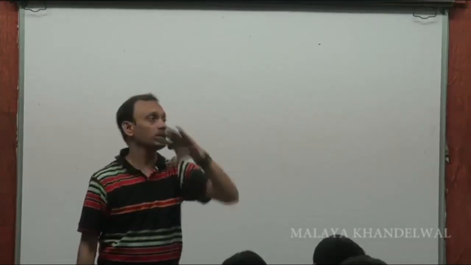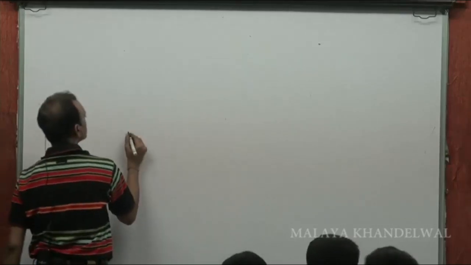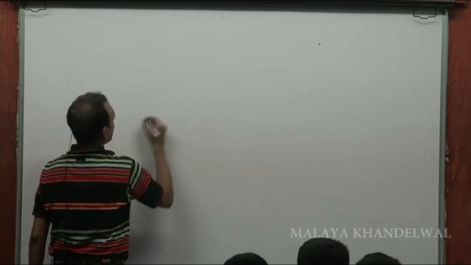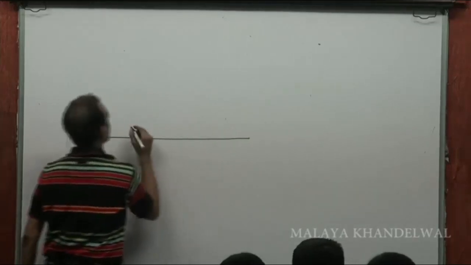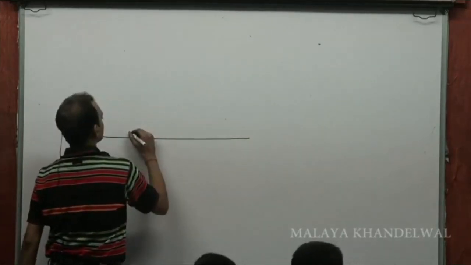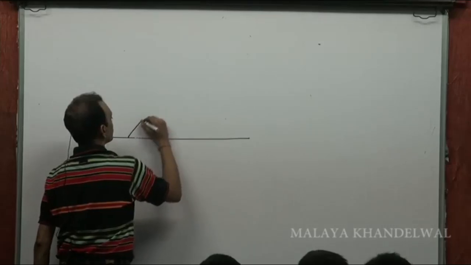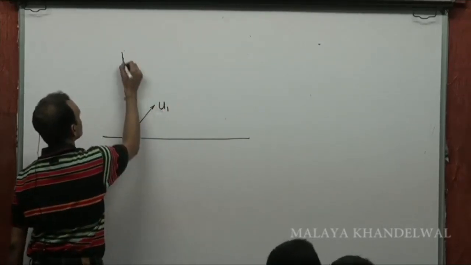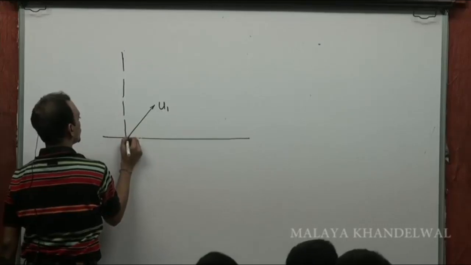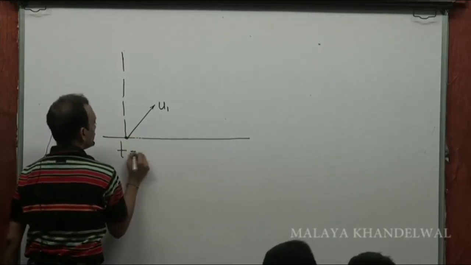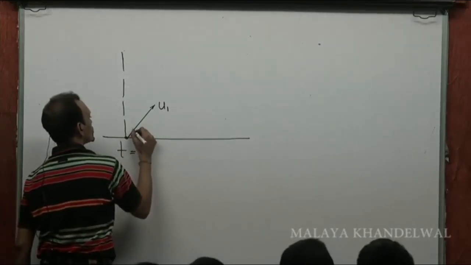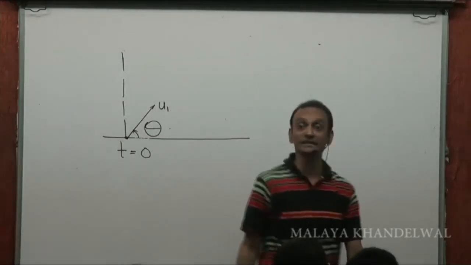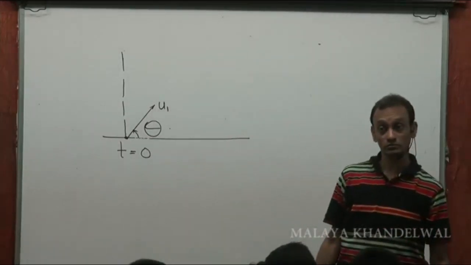What I mean is, say, there is a particle which is launched with a velocity u1 at time t equal to 0, making an angle theta with the horizontal. Clear?